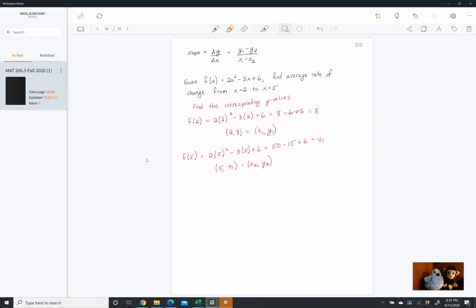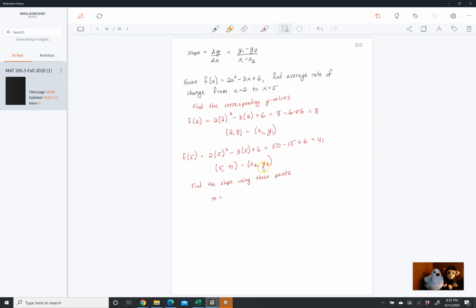So now we find the slope using these 2 points. So our y1 is 8. It doesn't matter which one is x1, y1 and x2, y2, as long as you're consistent. In other words, don't make this x2, y1, okay?